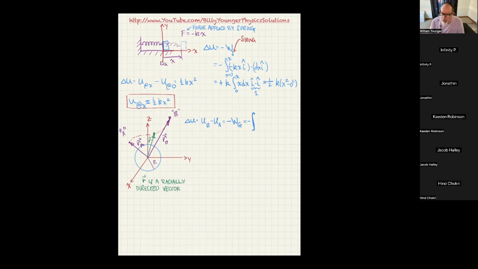Specifically, there's a unit vector that points radially outward that's just called r hat. So I'm going to make use of that vector. I'm going to say in r hat direction. Okay, so that's really why I'm using the word radial.